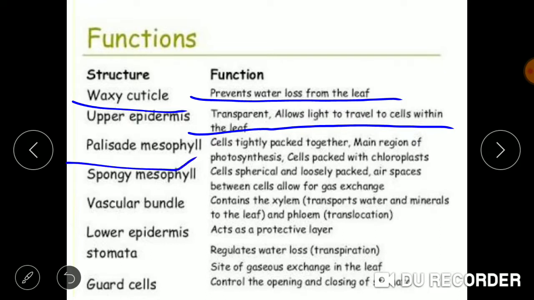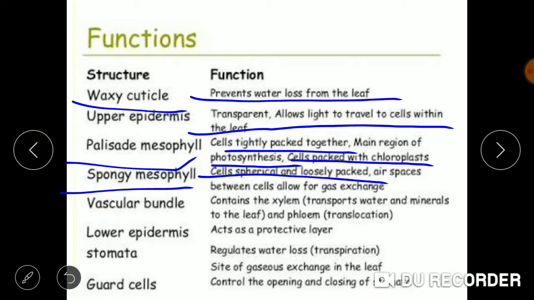Palisade cells are tightly packed cells, and this is the main region for photosynthesis. The cells are packed with chloroplast, while in spongy mesophyll the cells are loosely packed and the spaces in between help in gaseous exchange.